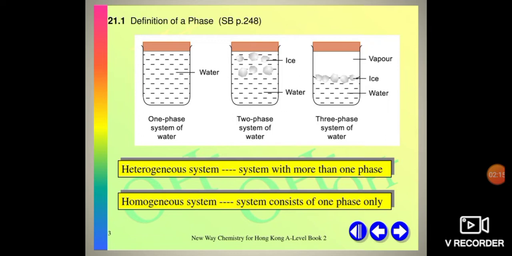There are three layers. Of these, only the first one is a homogeneous system because it contains only one state, the liquid state. The second has liquid and solid states, and the third has liquid, solid, and gaseous states. So these are the differences.